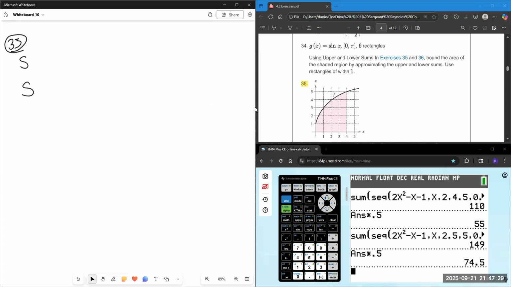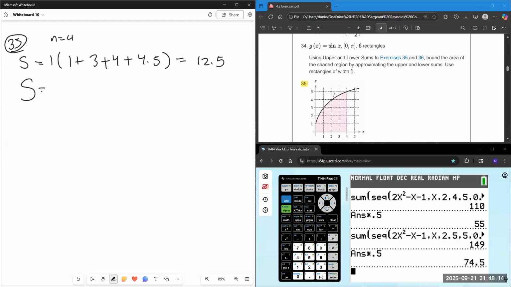So left endpoints for lowercase s, we use 1 for our width, and we have 1 times the left endpoints: 1, 2, 3, 4, and a half, it looks like. And we'll add that together because we want n to be equal to 4 here. So this is 4, 8, 12.5 for lowercase s.